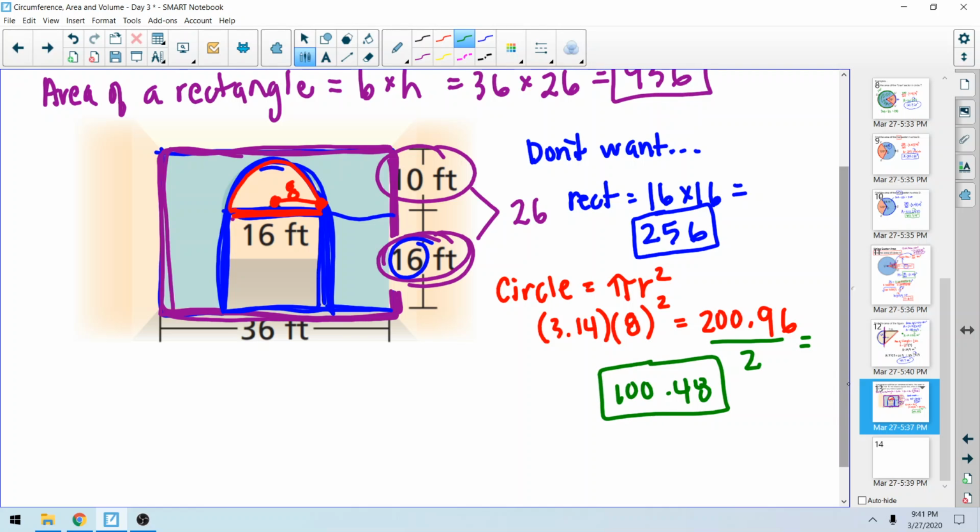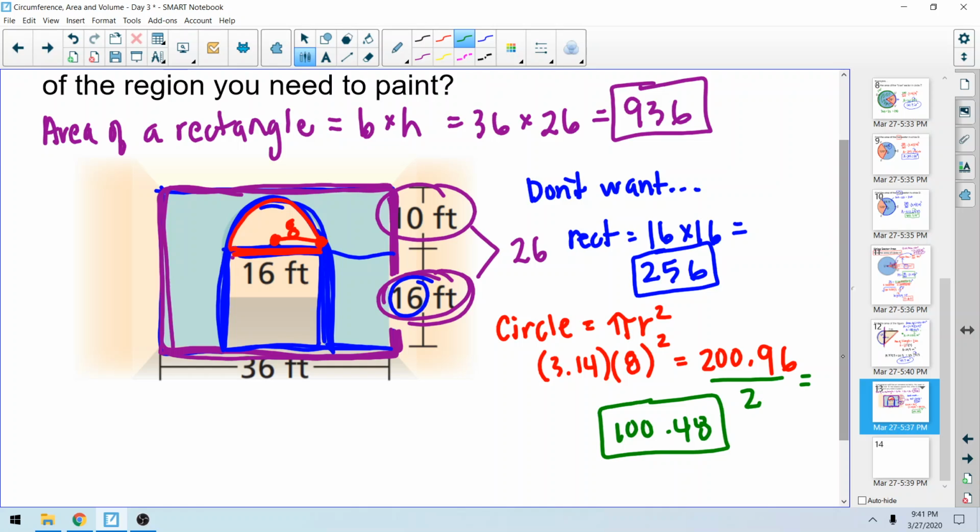Now, let's recap. In the purple up here, we have the area of the entire wall, including the door. We don't want to paint the rectangle and the half of circle. We don't want to paint the door. So now we're going to take our 936, we're going to subtract the 256, we're going to subtract the 100.48.